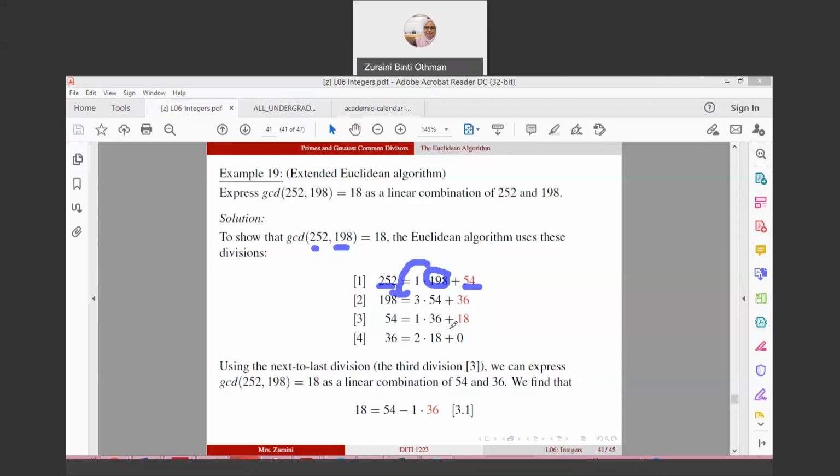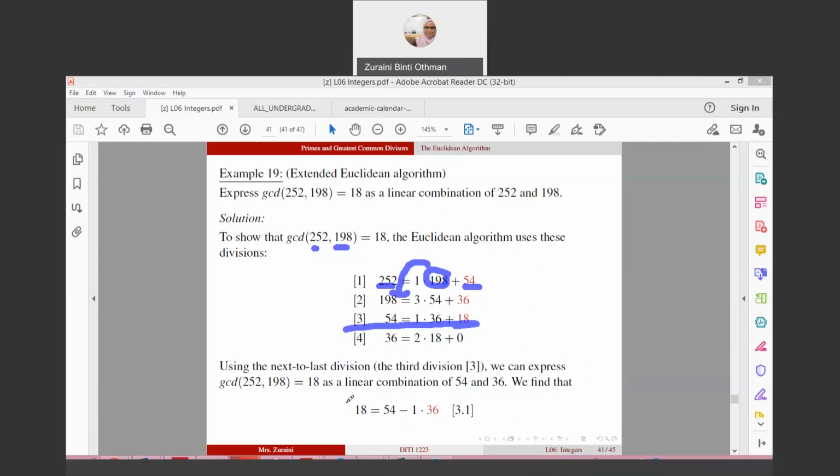So the last one here is 18. Okay, using the next to last division, which is the third here, we can express GCD(252, 198) = 18 as a linear combination of 54 and 36. Okay, so now here kat sini 1, 3, 1. Okay, so kita guna yang ketiga ni.